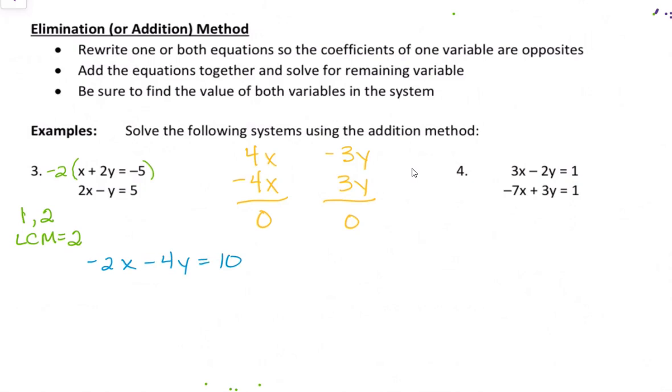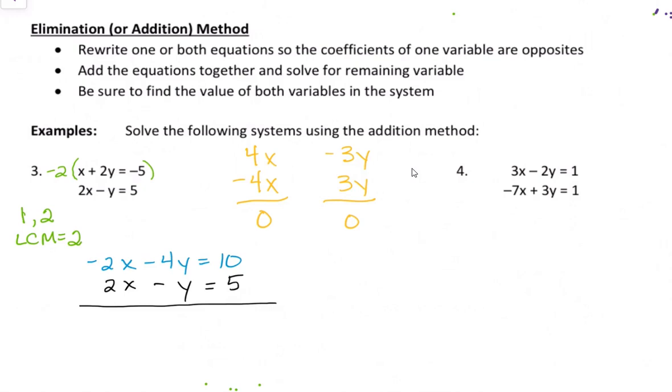Now, the bottom equation remains exactly the same. And now you can see that when I add these two equations together, I'm going to get an equation where the x's drop out, because negative 2x plus 2x is 0, so the x's are gone from the equation.